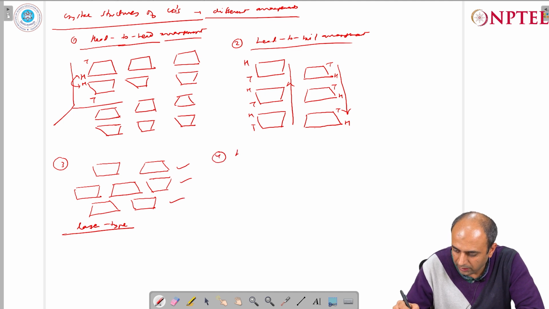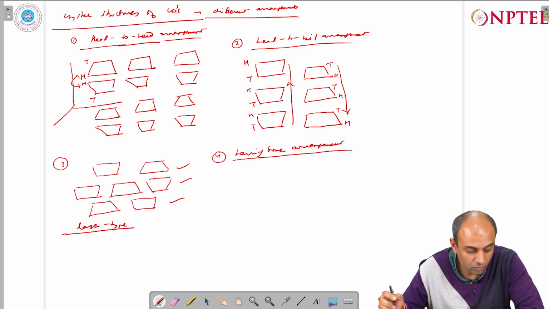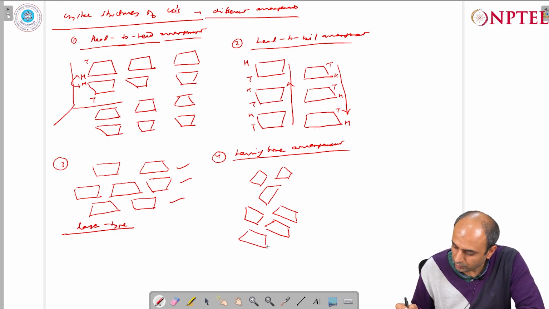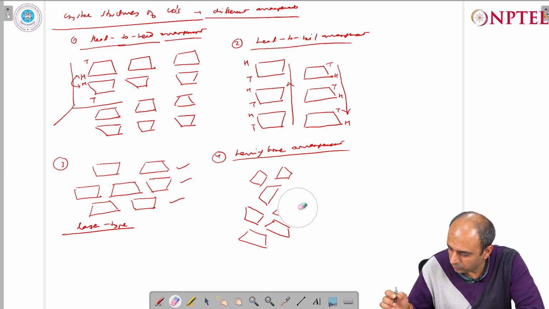And we can also have the herringbone arrangement, where we can have slightly, I would like to change this here.